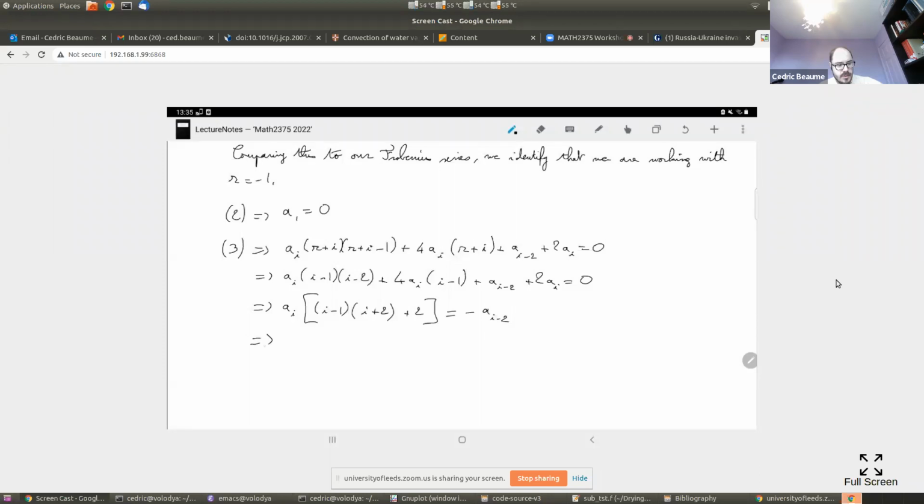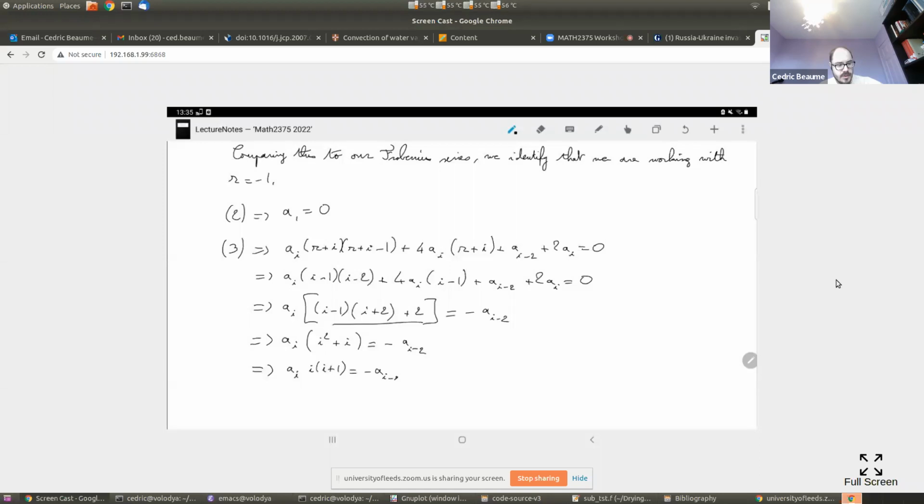Looking at the inside of the parentheses, maybe I can simplify this a little bit more and say that this is i squared plus i minus 2 plus 2. That simplifies very nicely. And so what I get here is a_i times i(i+1) equals minus a_(i-2).